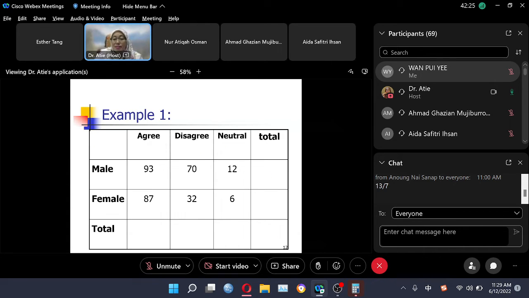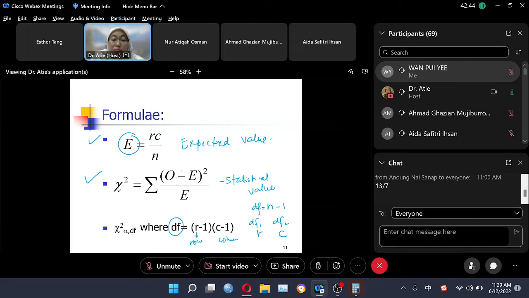Okay, let's do an example. Before that, on page 129, I think I missed this one. What does O mean? O means observed value.